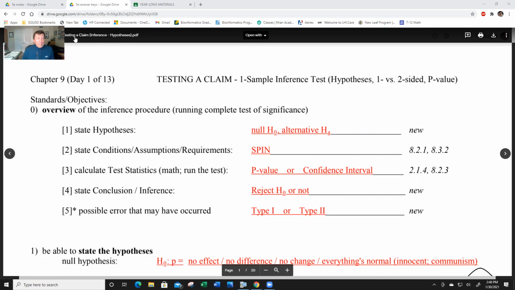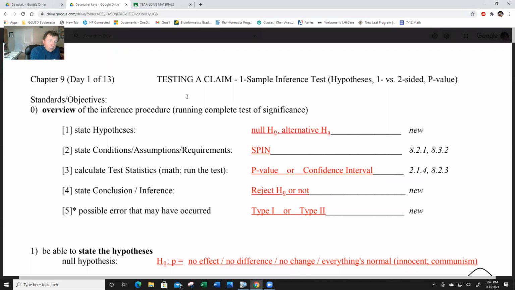So just like anything else, when you write a 5 paragraph essay in English, they give you what paragraph one is, two, three, four, and five. I don't know if they still do that or not, but there's all kinds of ways that they have you organize things. In statistics, we have a tradition of doing 4 parts.